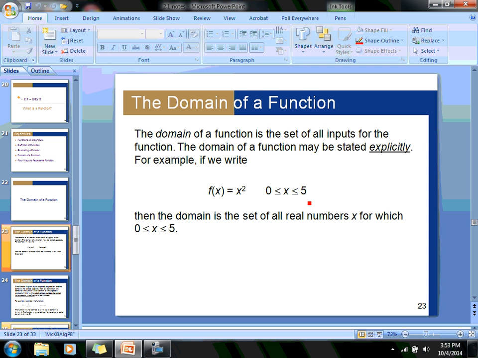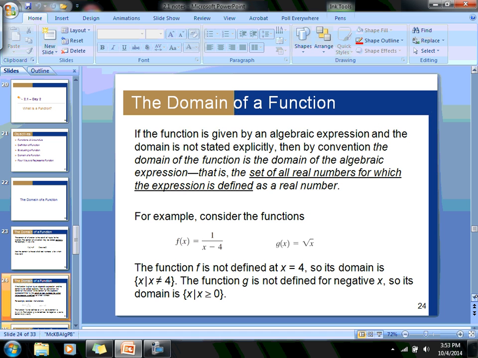So it has a restriction on the type of values that you can substitute in for the x. Sometimes, though, we don't have those restrictions, and we have to state what the general domain is for the whole function. If the function is given by an algebraic expression and the domain is not stated explicitly, then by convention, the domain of the function is the domain of the algebraic expression.